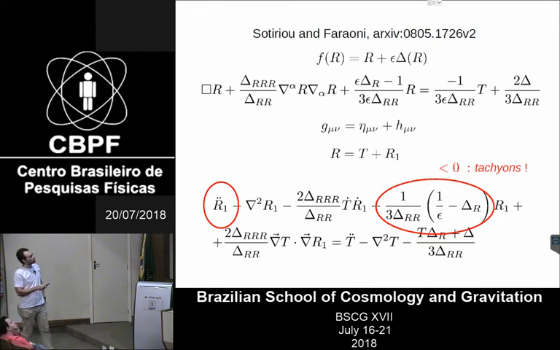So if you write your f of R as R plus a perturbation, and epsilon is necessary here, explicitly shown here, right? It's just a magnitude factor. And then you write the trace of the modified Einstein's equations in terms of R, and you expand around Minkowski, and then you end up with a differential equation for R sub 1, right?